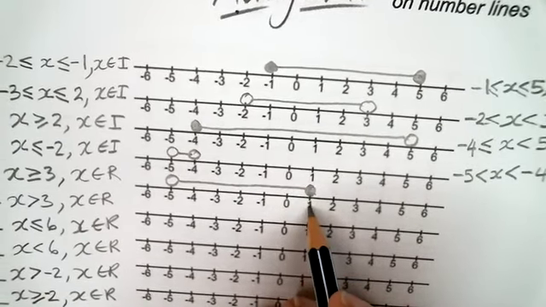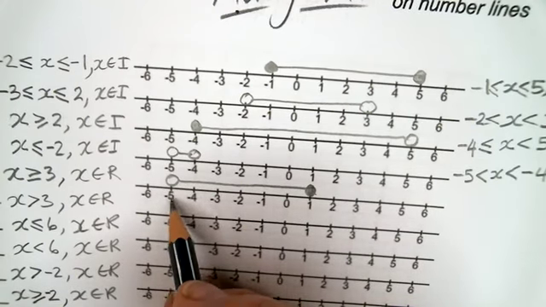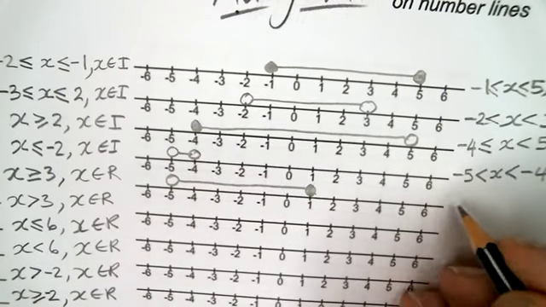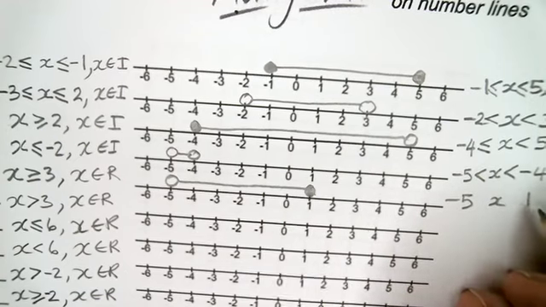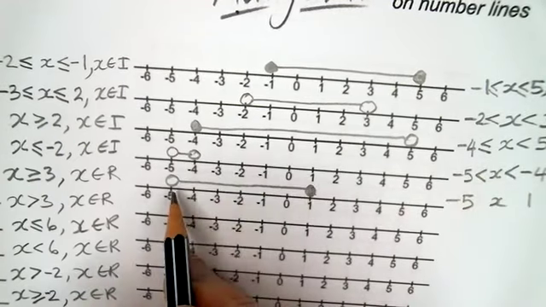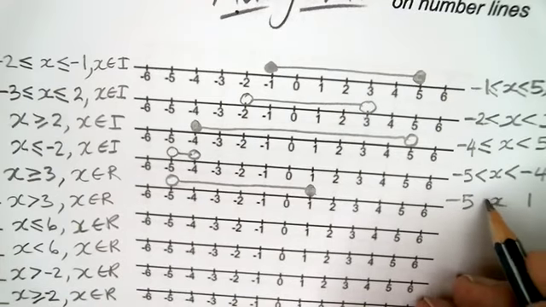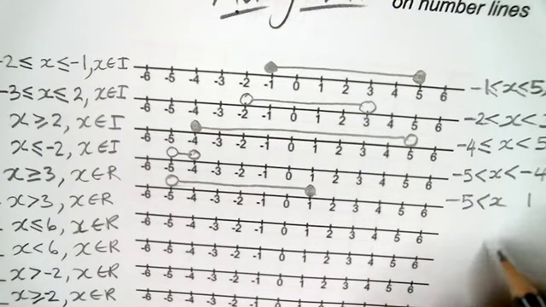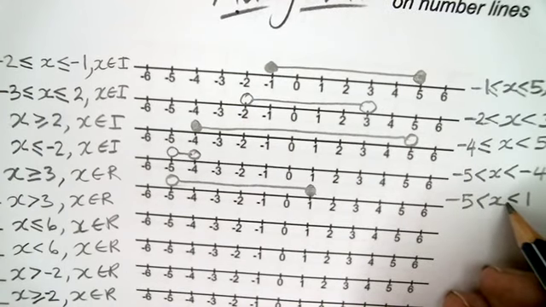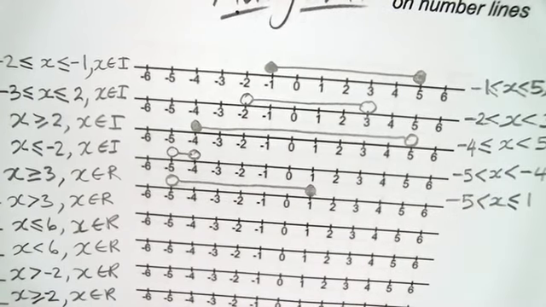So it does touch 1, nearly touches -5, but not quite. So now we're going to say a -5 and an x and a 1. So it's going to be greater than -5. Here we go. So x is greater than -5. And it's going to be equal and less than 1.